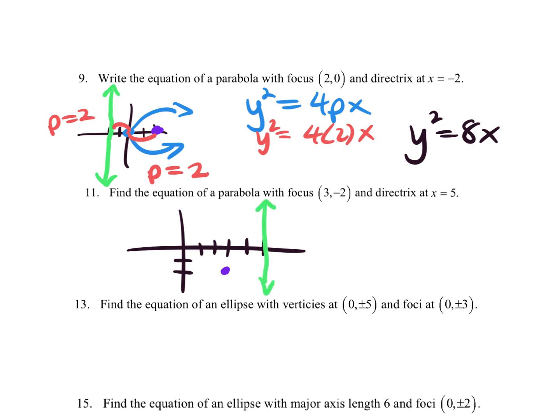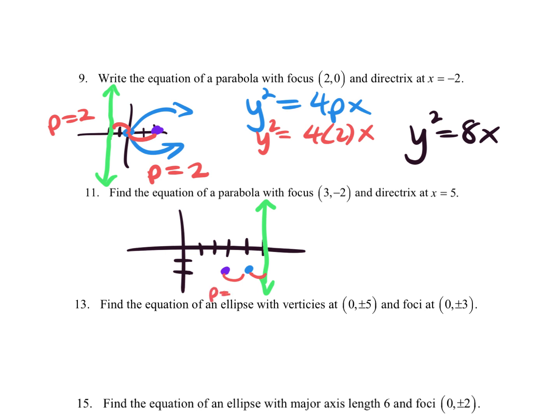Remember that your vertex is in the middle of these two. So I know that my vertex is going to be right here in the middle, because this is one space away here and one space away here. If you wanted to do the midpoint formula, you could. But if you give yourself the visual, as long as it's nice and neat, you can find it. So my p-value is 1.